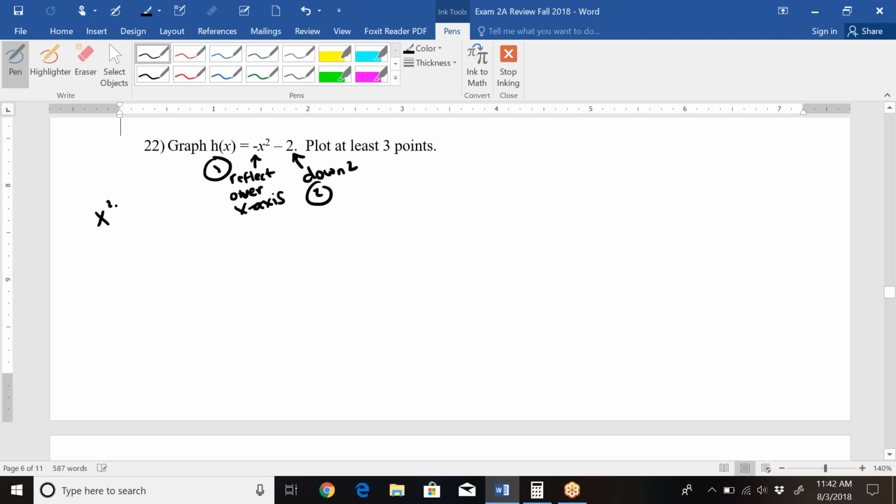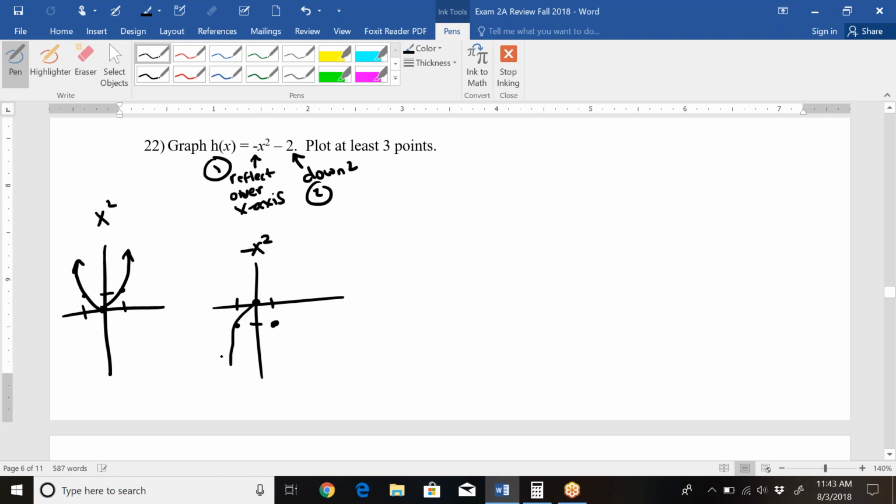So let's draw our parent of just x squared again. U-shaped graph. Negative x squared takes the whole graph and flips it upside down over the x-axis. So 0, 0 doesn't change since it's on the x-axis.